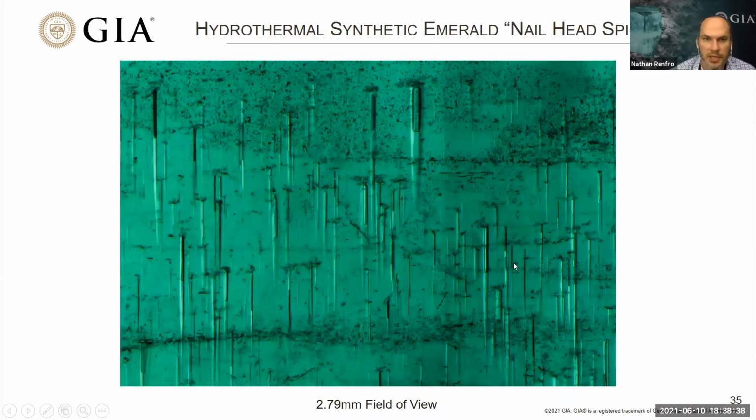Here's another common feature in hydrothermal synthetic emeralds, and these are what we call nailhead spicules. And basically you have inclusions that are precipitating out of the growth solution that are not emerald. Typically it would be something like phenakite. And those phenakite inclusions act as a growth blockage. So if you have growth in the direction of this image, it would be from the top to the bottom.